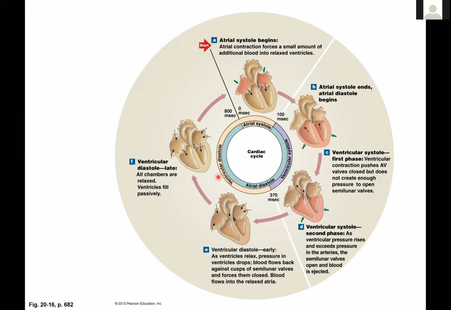This is what I mean when I say passive filling. And then the cycle starts over. If you pay attention, you'll notice that this chart also contains rings that describe atrial systole and atrial diastole. Notice that systole is always shorter than diastole. And also notice when each of those things occurs.